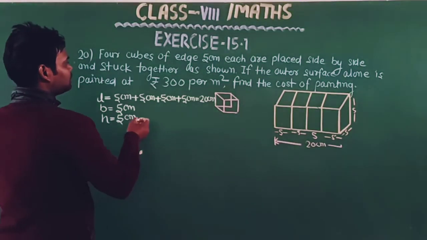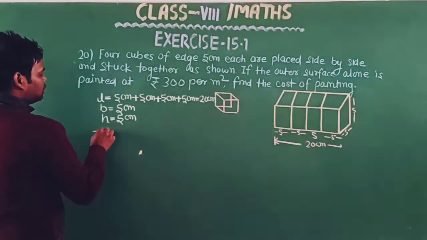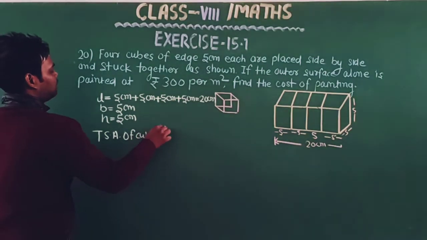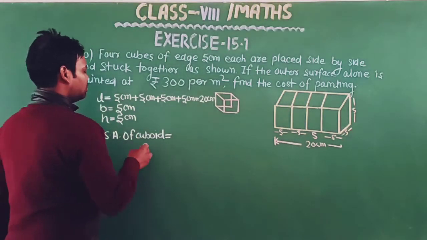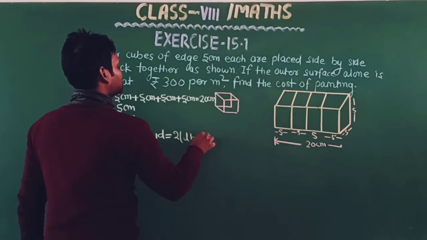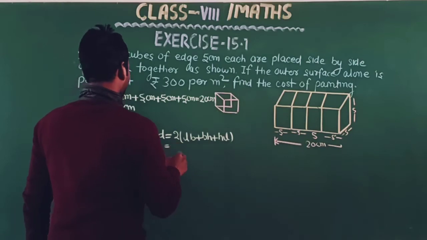So this means the TSA of the cuboid is determined by using the formula 2 into (LB plus BH plus HL).